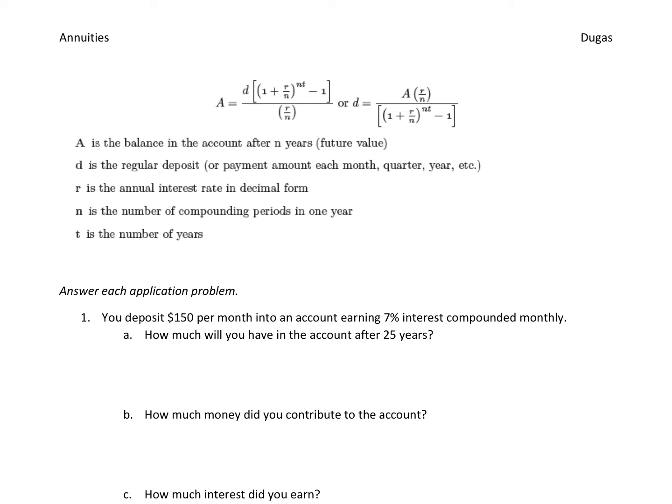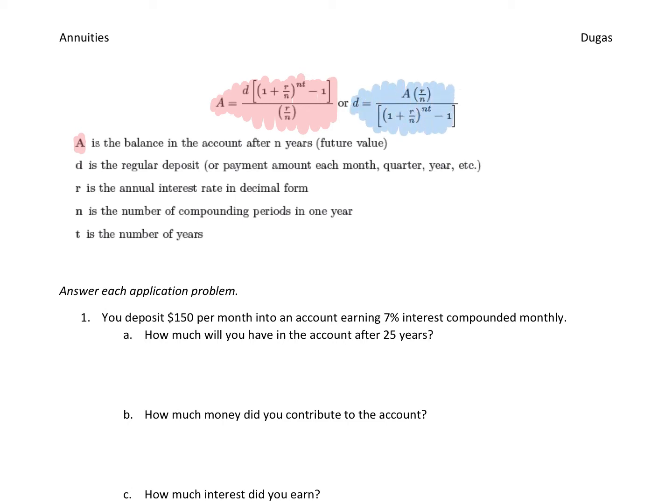So here are two formulas. Notice I have an "or" between them. This first formula that I'm highlighting in red is the formula that you will use if you're trying to find A, which is the balance in the account after a certain number of years. By manipulating this formula and getting the D by itself, you can get the second formula.